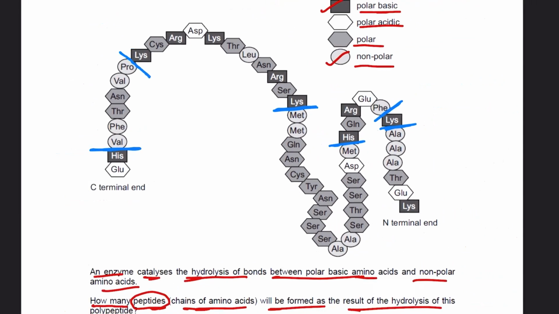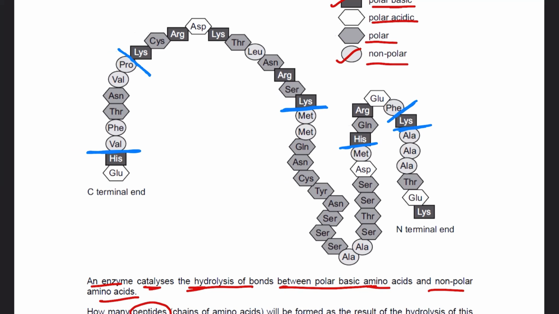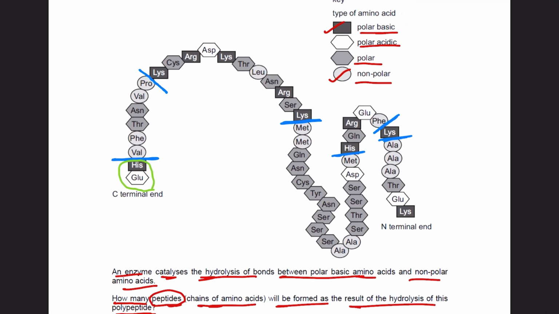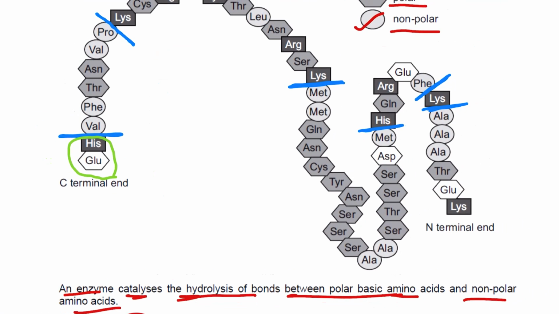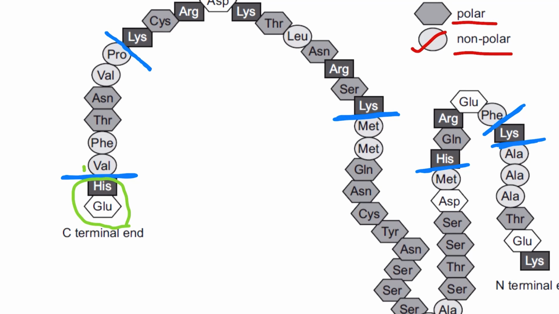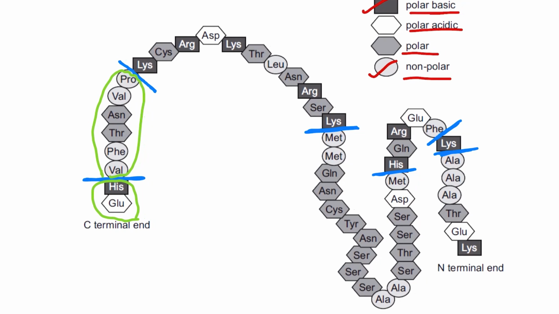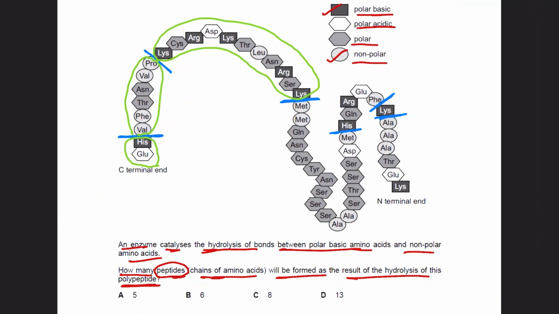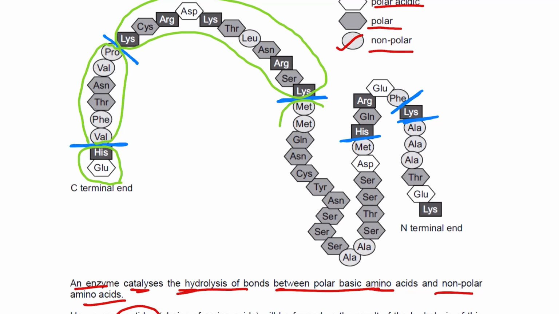Okay, so how many peptides do we get? Peptides are chains of amino acids. So this is the one peptide that we get, chain of amino acids. This is another peptide. So two peptides up till now. Then this one is the third peptide. This one is the fourth peptide up till now.